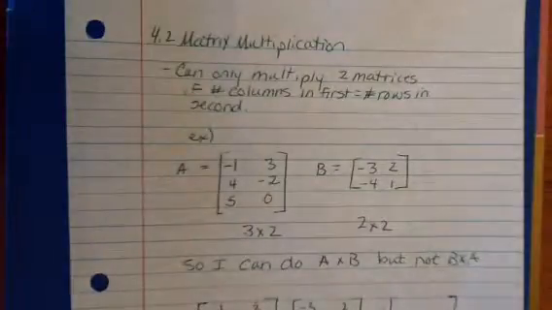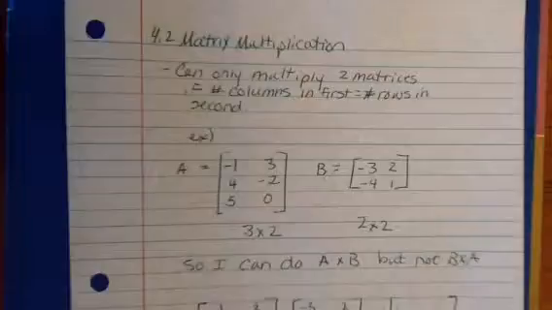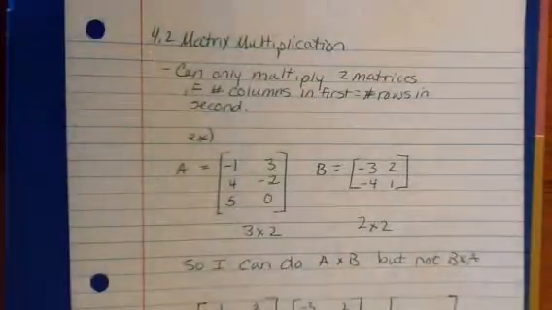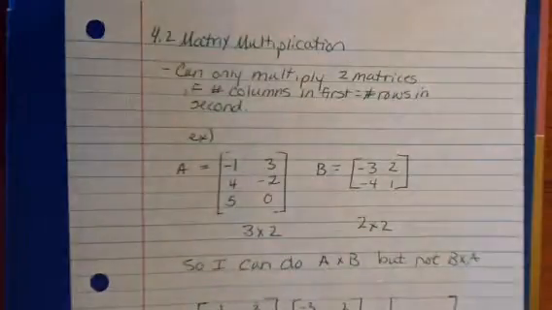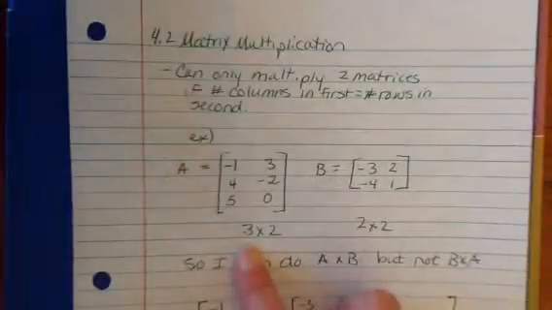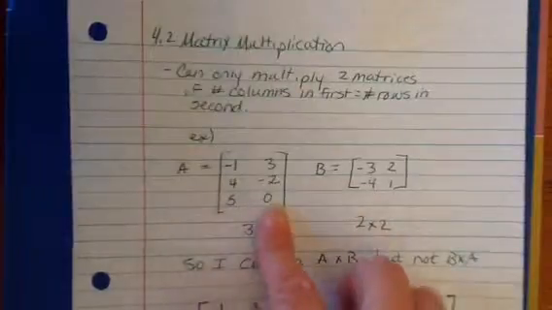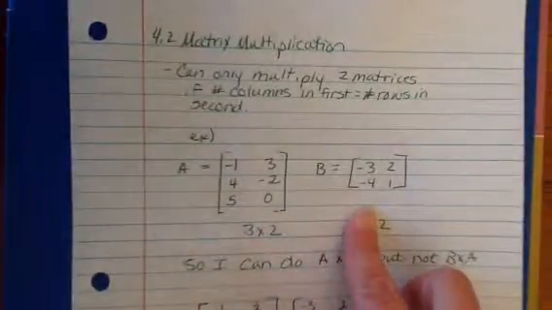And we can only multiply two matrices together if the number of columns in the first matrix is the same as the number of rows in the second. So you note that they are not the same. Here I have a 3 by 2 matrix because I have 3 rows and 2 columns. Over here I have a 2 by 2 matrix.